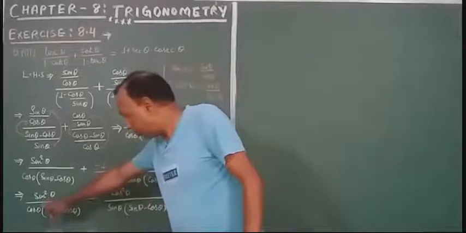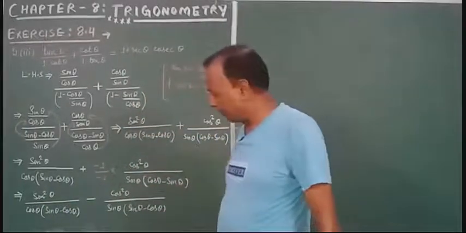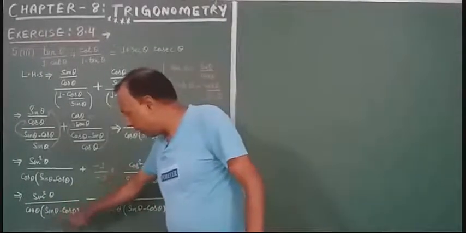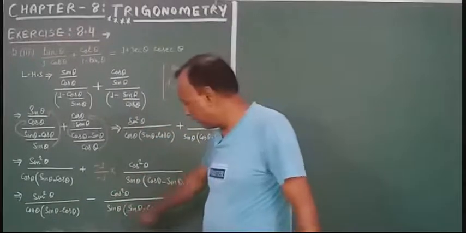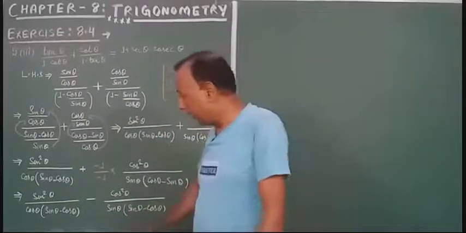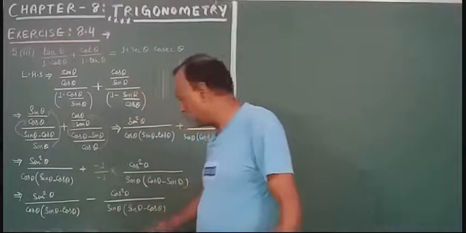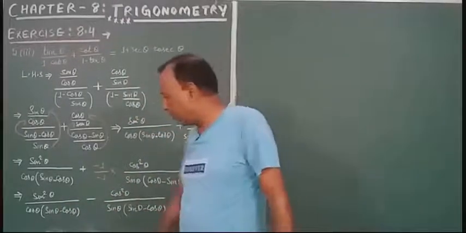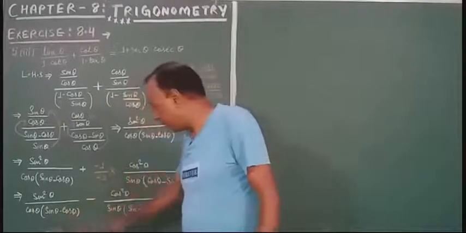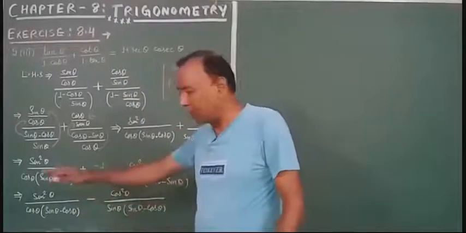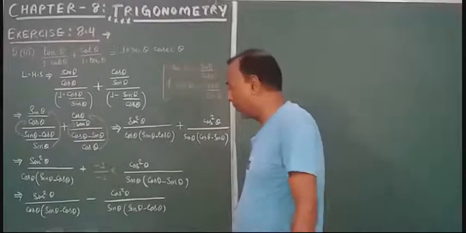Now just look at these two terms. In the denominator we can take sin theta minus cos theta common, or we can take 1 upon sin theta minus cos theta common in both the terms. So then what will happen?